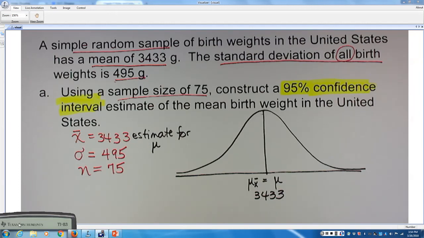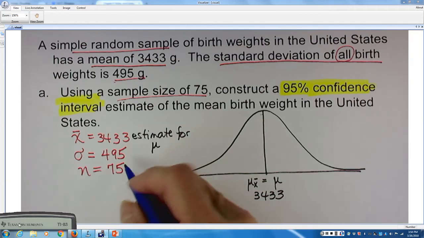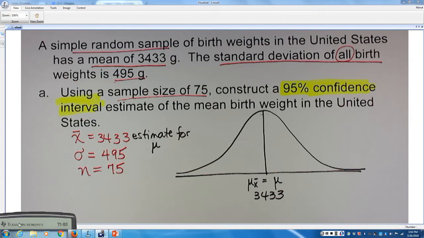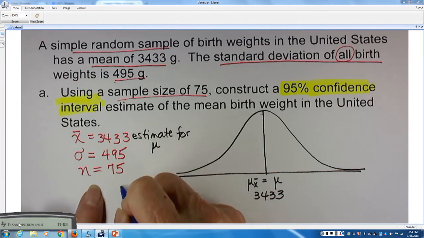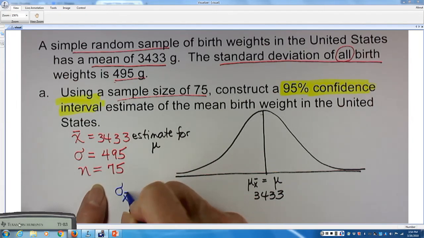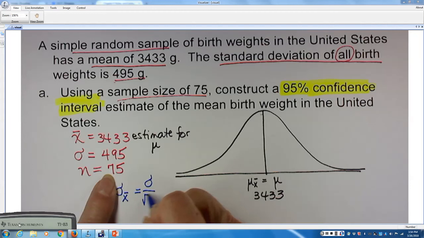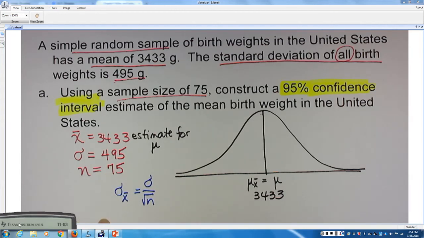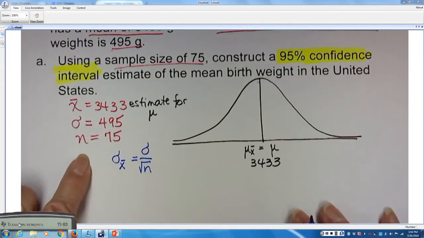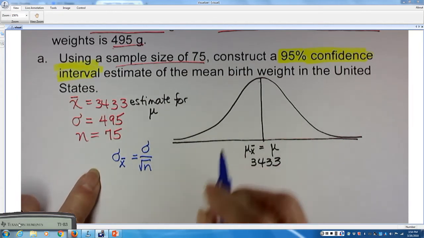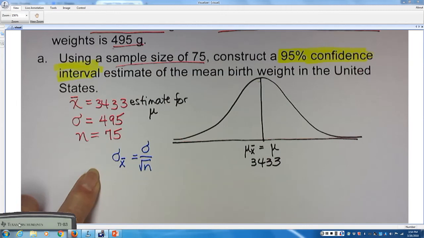Then the other thing that we know is that since this is a random sample, we're talking about sample means, we need sigma x bar. And we have sigma, and we have a sample size. So we use that to estimate the standard deviation of all the samples.